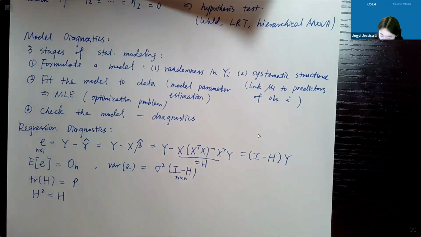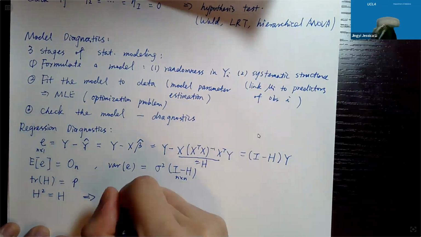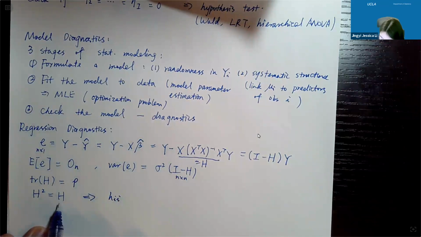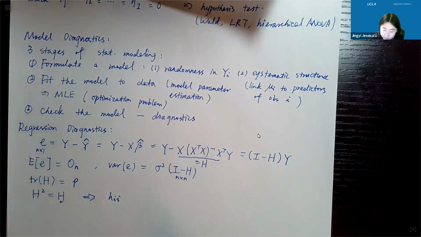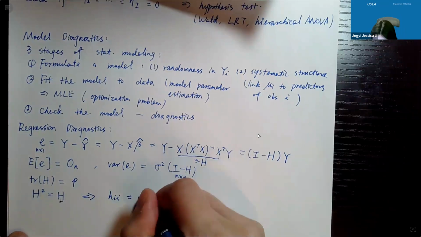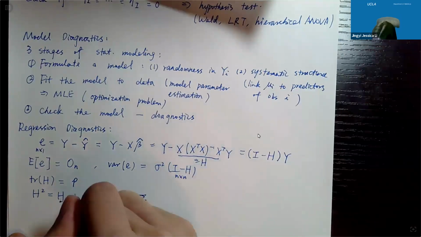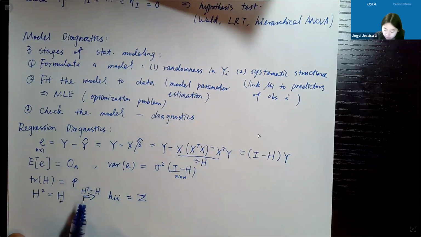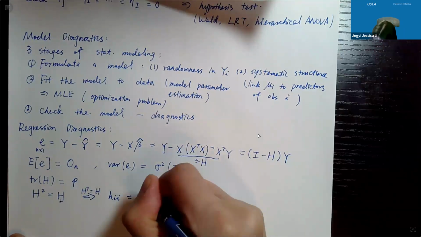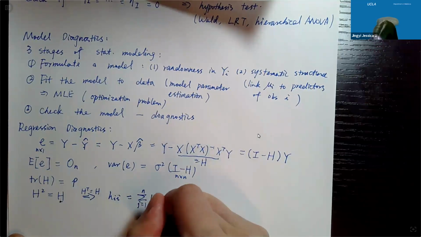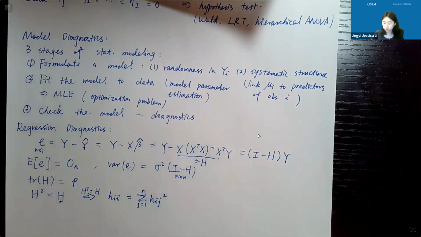If you recall that matrix multiplication formula, if we call the i-th diagonal entry of H by H_ii, then since H is equal to H squared, and also H transpose is equal to H, given symmetric and idempotent, we would have that H_ii by matrix multiplication is actually equal to the sum over j of H_ij times H_ji.